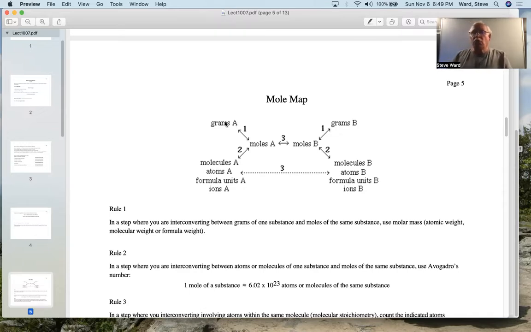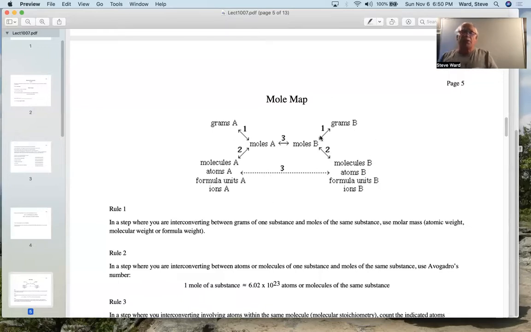So what we have to do is, if we're going to go from grams of A to grams of B, notice we have to do it in several steps, just like we had to do several conversions earlier whenever we were doing our dimensional analysis to go from, for example, inches to miles. Okay, so we can go from grams of A to moles of A to moles of B to grams of B. Or I can go from grams of A to moles of A to moles of B to molecules of B.